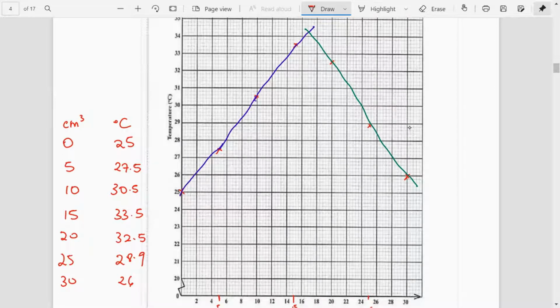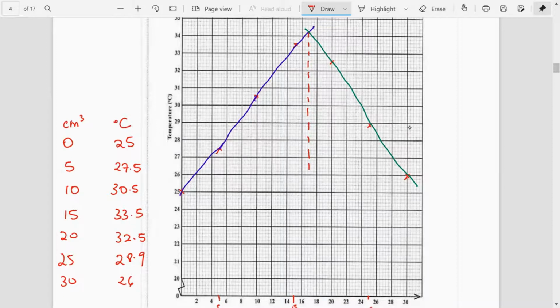So it'll be right here. Trying to go along one specific line so it can be as straight as possible.